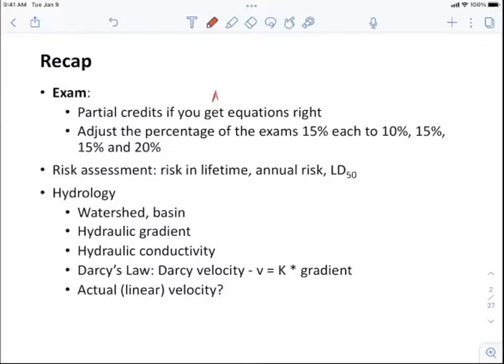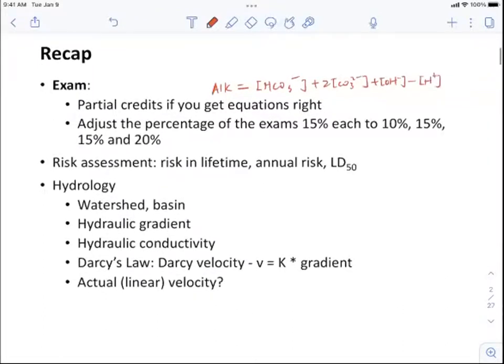The alkalinity equals the concentration of bicarbonate ions plus twice the carbonate ions plus OH minus hydrogen ions, right? If you just show this equation, you'll get half of the score. Okay, so that's 3 points. Basically, this is the way I grade the homework and also the exams, right? For the first problem, the rest of it is trying to convert all of the mass into the molarity, right? So those are extra calculations.